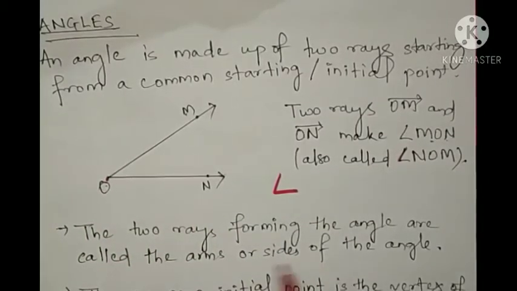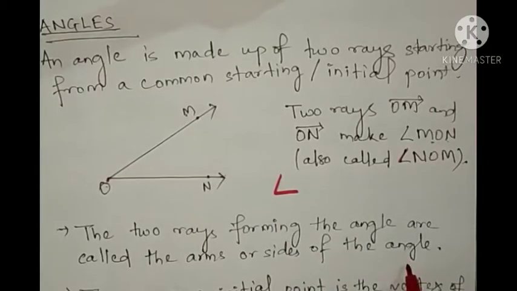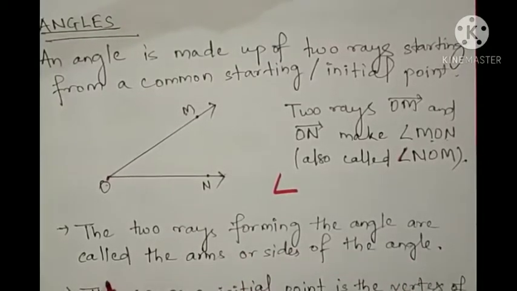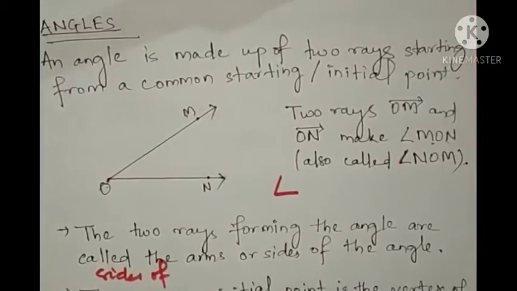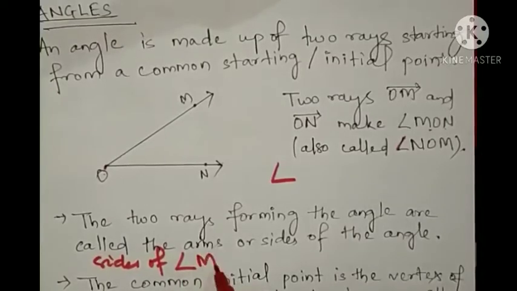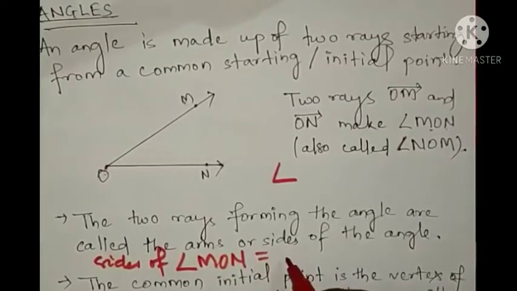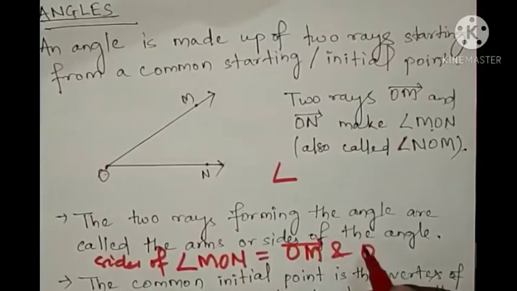These are forming the two sides of the angle. So the sides of angle MON are OM and ON.